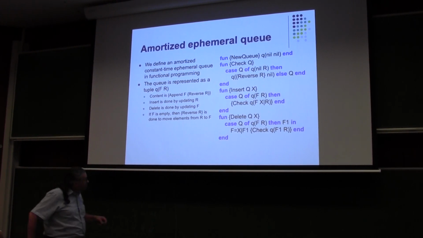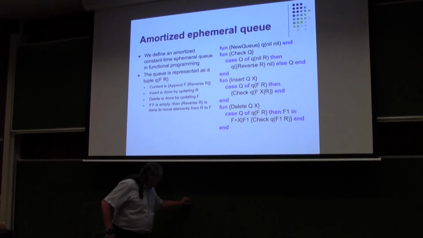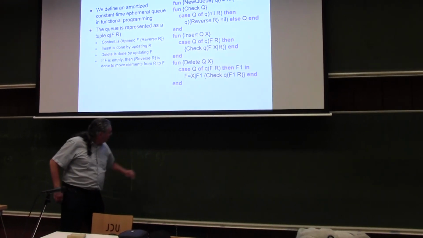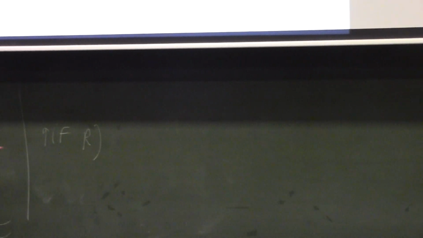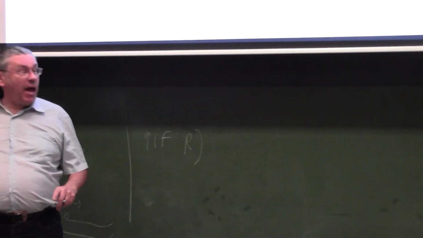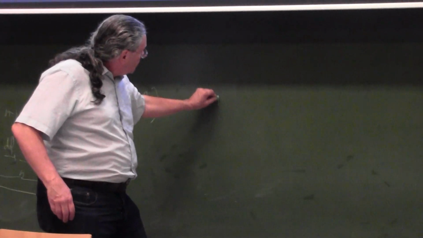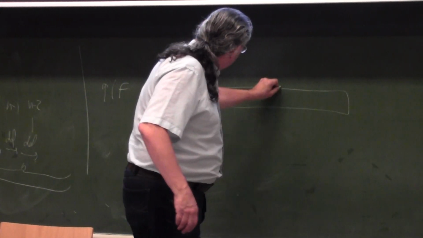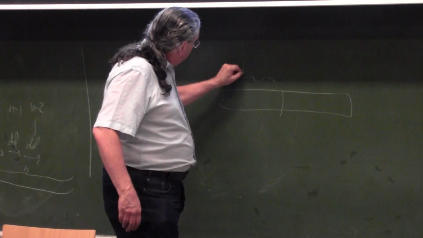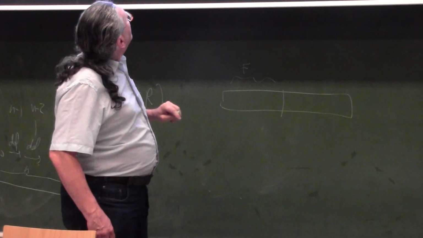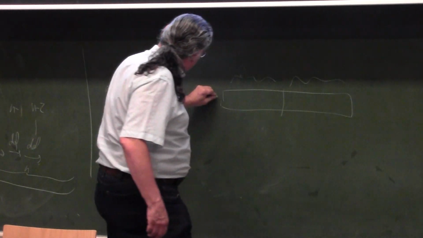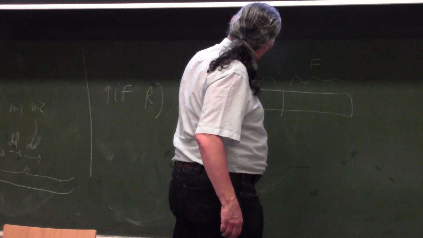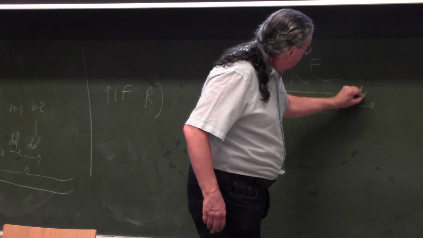So we represent the queue as two lists, F and R. The idea is actually very simple. F is the front and R is the back. So if we have a queue here with some elements here, the front of the queue, okay, and so the front, the inserts are coming here, okay, and the deletes are coming out here.